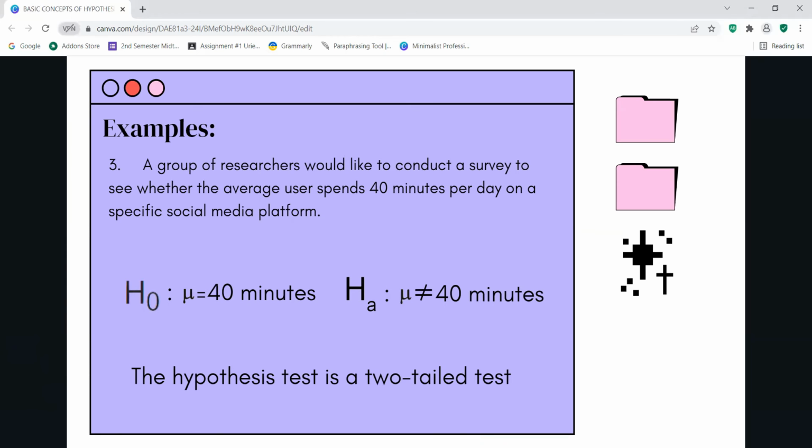So our null hypothesis will be population mean is equal to 40 minutes. And to contradict the null hypothesis, the alternative hypothesis will become population mean is not equal to 40 minutes. So since it is saying that it is equal and not equal, the hypothesis test that we are going to be using is a two-tailed test.